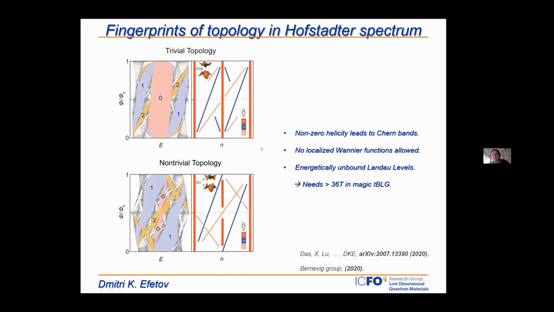So the idea is that if we look at the Hofstadter spectrum of a trivial system, this diagram shows 2 bands which are separated by a trivial band gap. If we apply magnetic field in this direction, what happens is that all the Landau levels within each band are directed inwards towards the center of the band, and they disperse inwards within the band itself.